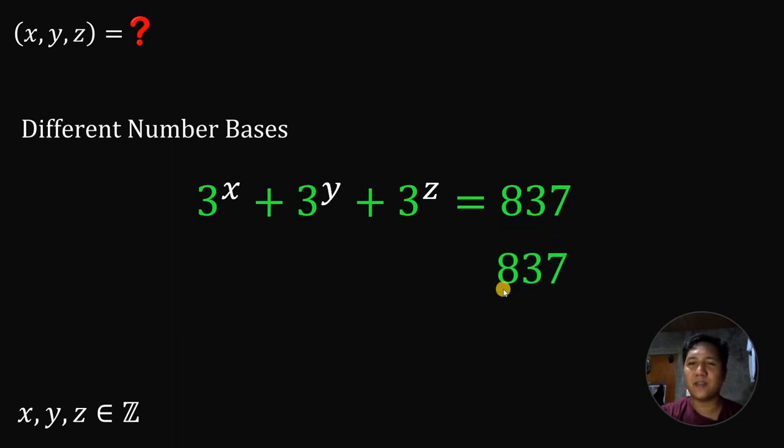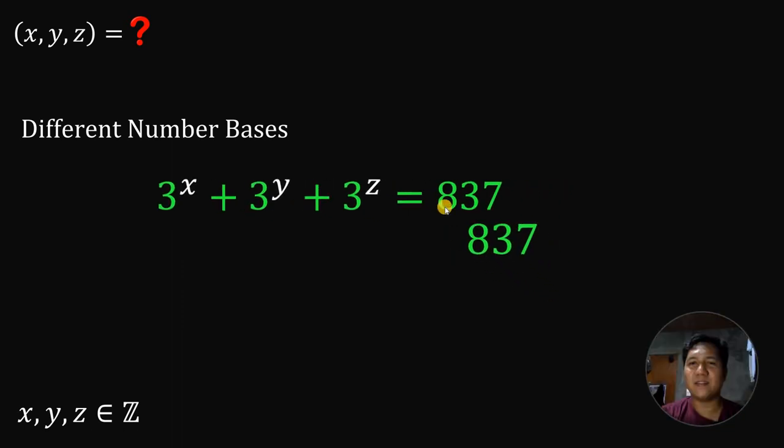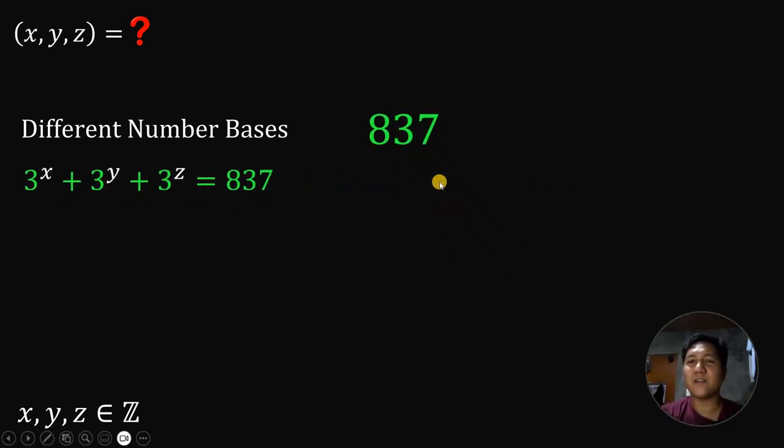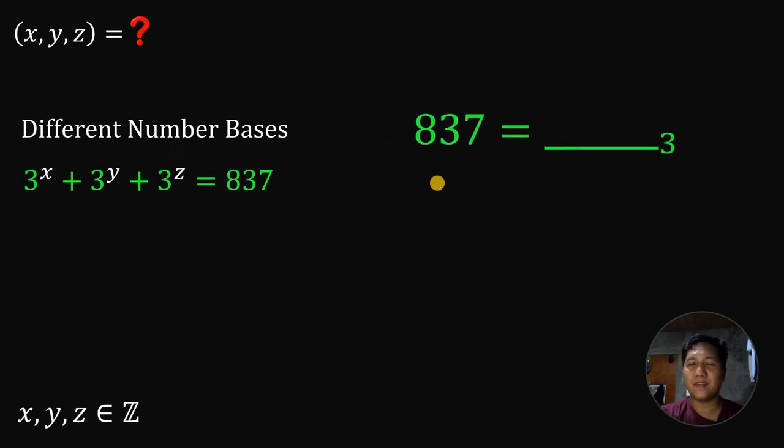So what we're going to do is take this 837 and convert it into base 3. The reason is, again, the left hand side of our equation is definitely in base 3. So let's convert 837 to base 3.